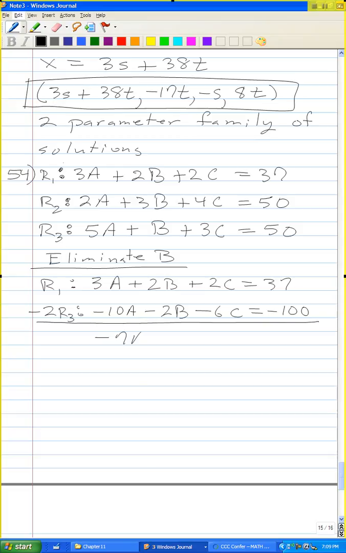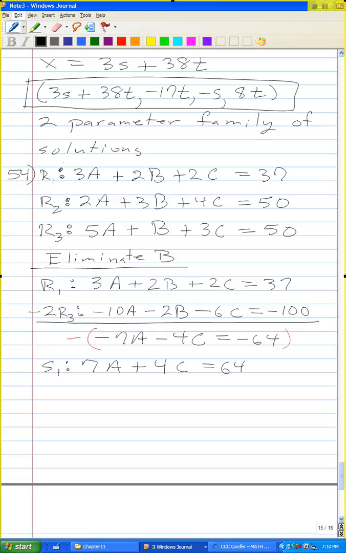So you get negative 7A minus 4C equals, let's see, 100 minus 37, 63. Actually, let me change all the signs. So you get 7A plus 4C is 64. So let's call that S1.